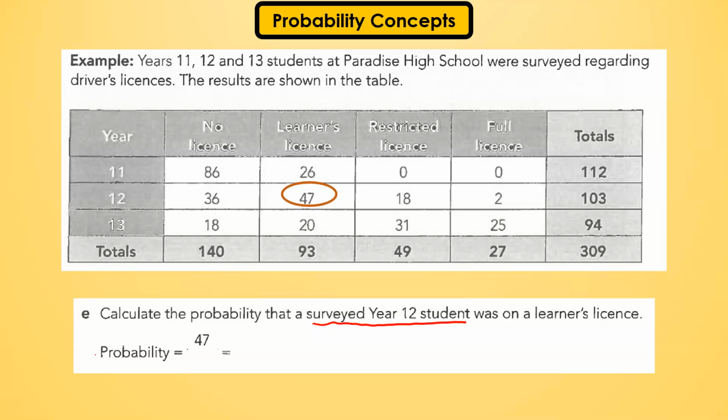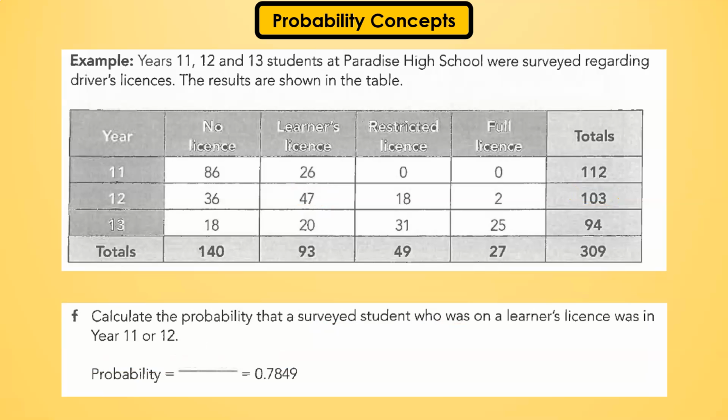So if we look at Year 12s, on a learner's license there's 47, but in total we're not looking at 309, we're looking at the total number of Year 12s, which is 103. That's an example of conditional probability. We're putting a condition on it, so it's not the whole table that we're taking it from.